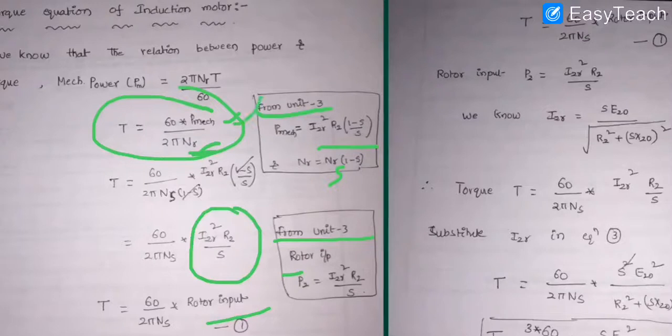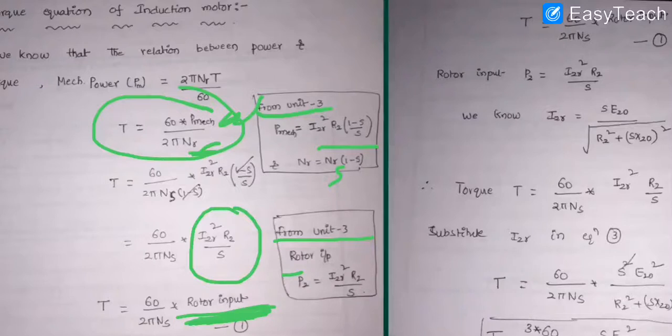Mechanical power. If we use ns, what is the input? Rotor input. So this is the difference. If we use NR, mechanical power is taken as numerator. If we use ns, what is that power? Rotor input power in expression 1.